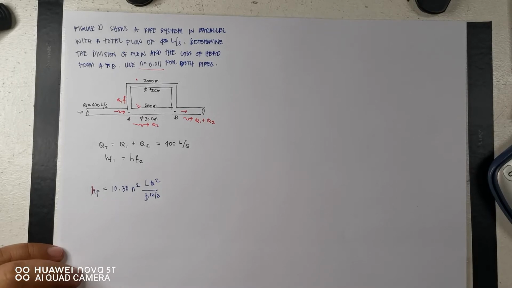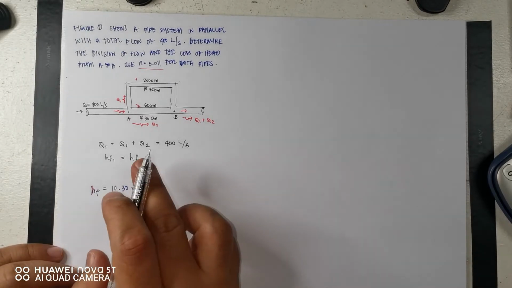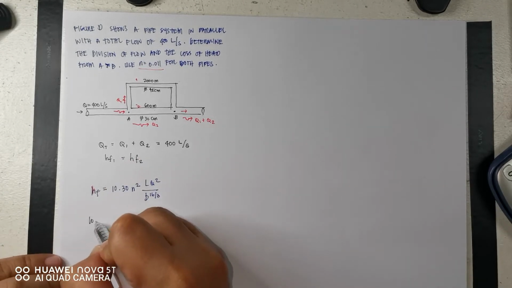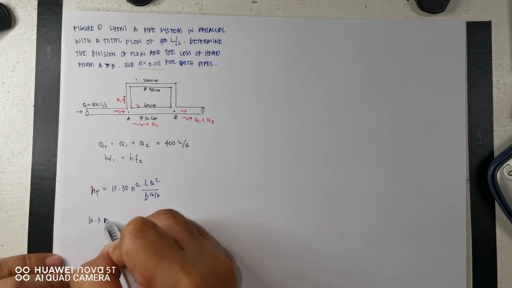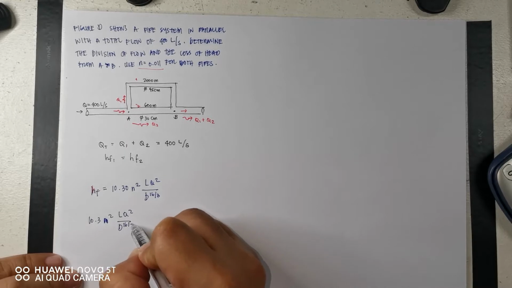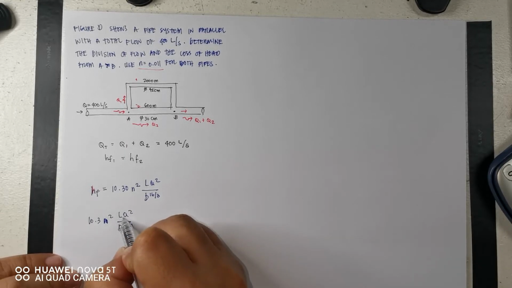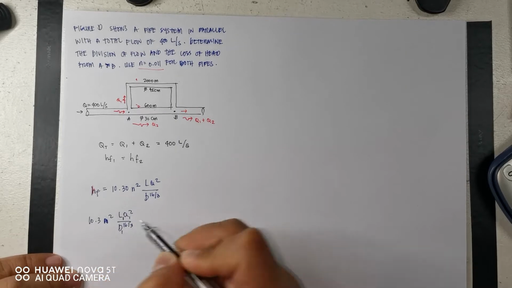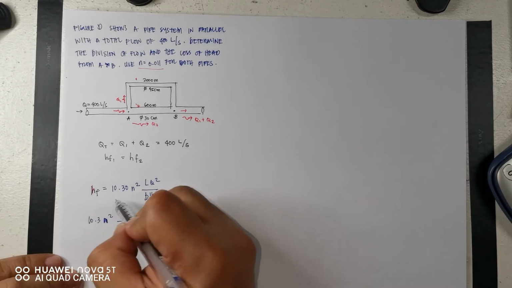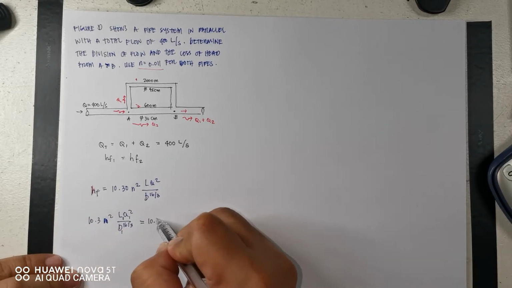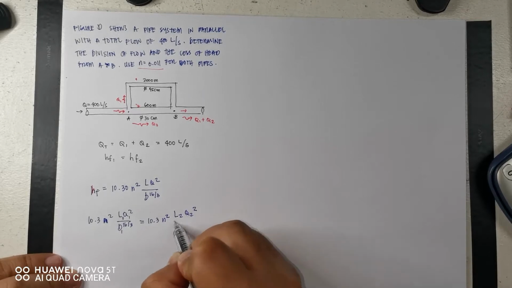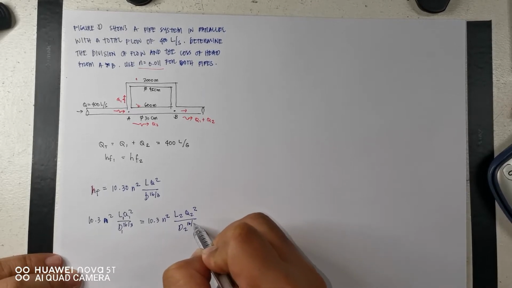So, how are we going to solve this? Alam natin na si HF1 at si HF2 is equal. So equate natin yung equation. So, 10.3 n squared times L1 Q1 squared over D1 raised to 16 over 3, kasi magkakaiba yan, is equal to HF2, which is 10.3 n squared L2 Q2 squared over D2 raised to 16 over 3.